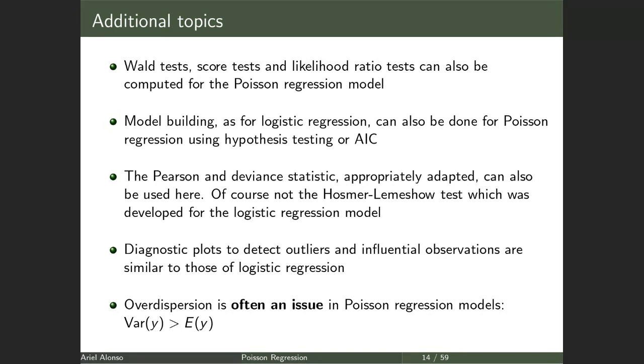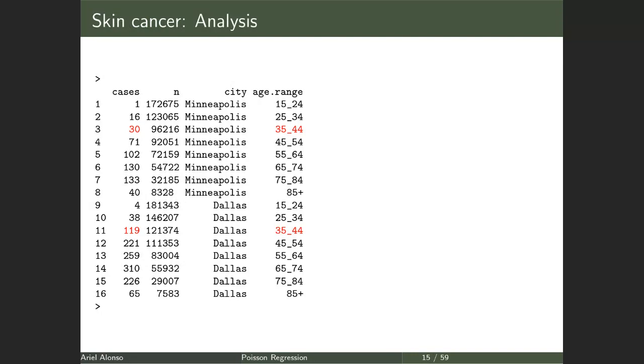You can also have underdispersion, when the variance is smaller than the mean, when the data show less variability than what the model predicts. That is possible, but in real life, overdispersion happens a lot more frequently than underdispersion. Underdispersion is more of a rare thing in applications, but it can happen, and you can also use some of the techniques we are going to see today when you have underdispersion.